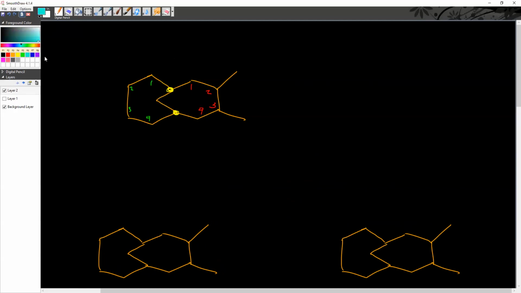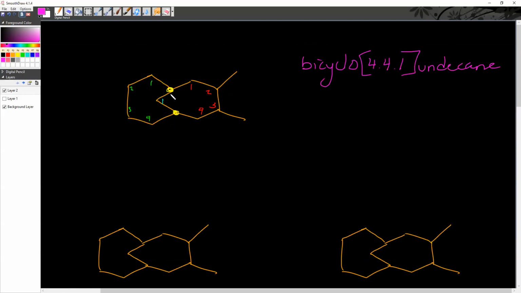That's a terrible color. And so what we can say is that this is going to be bicyclo 4, 4, 1. Add these together: 4 plus 4 is 8, plus 1 is 9, plus 2 is 11. And if you remember, 11 is undec, and it's ane for now.